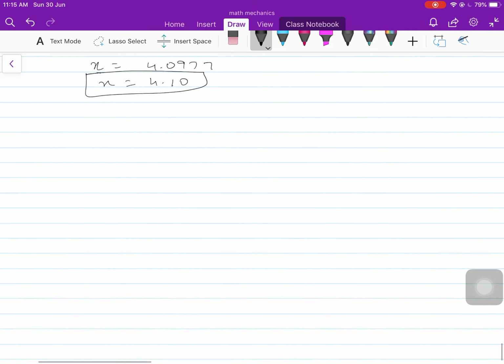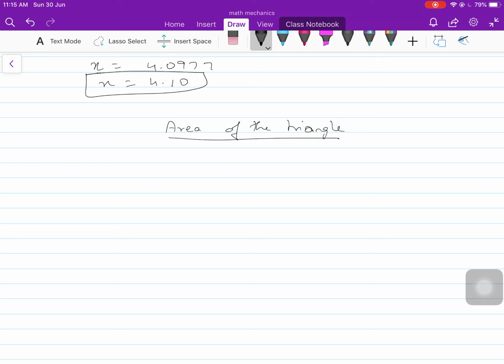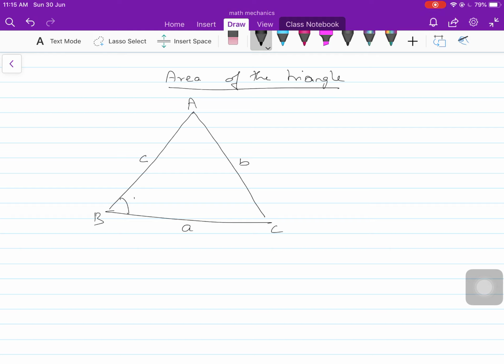Next is the area of the triangle. In a non-right angle triangle, this is A, B and C. Suppose you know this angle, how do you find the area of the triangle? The area would be half into base into height, you know.